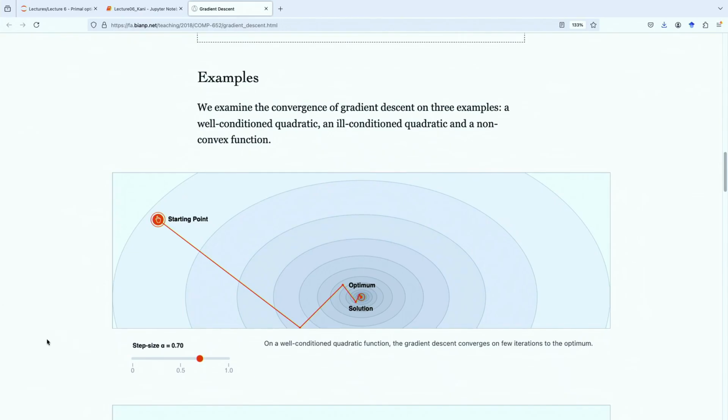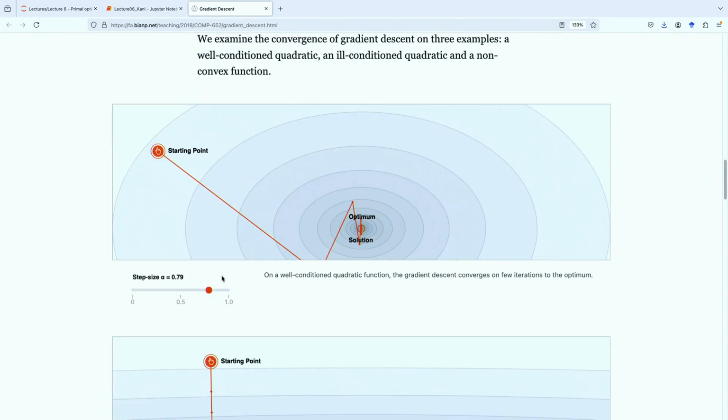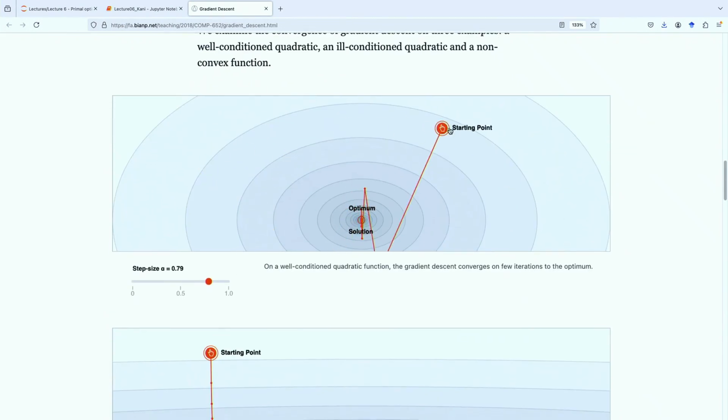So why is the instability occurring? Well, the step size is too large, so it's overshooting the minimum effectively. It's going past this point.